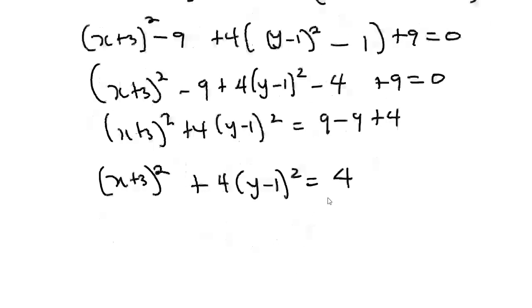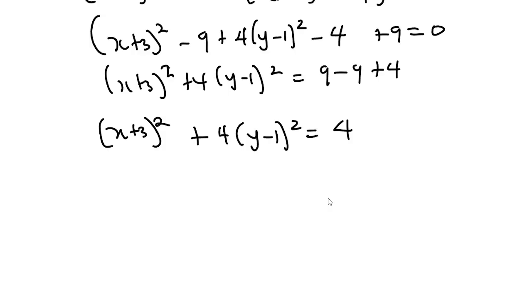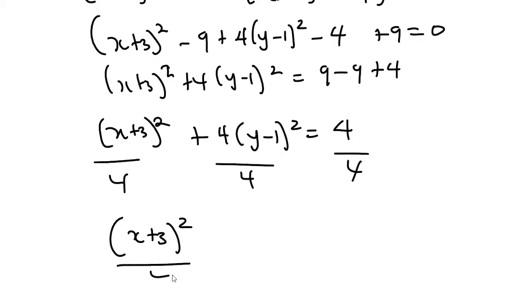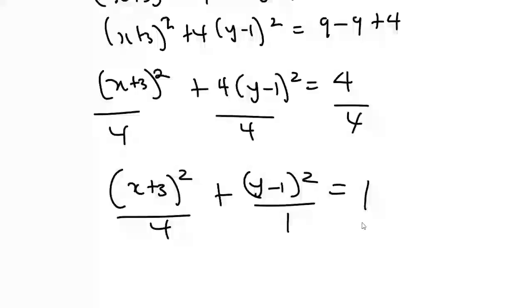Can we divide through by 4 so that this becomes 1. So we are going to divide through by 4. We have 4 here, 4 here, 4 here. Then we have x plus 3 all squared on 4 plus y minus 1 all squared on 1 equal to 1.